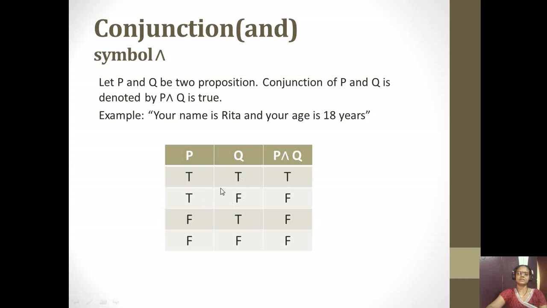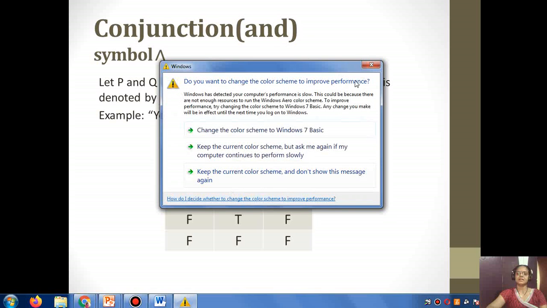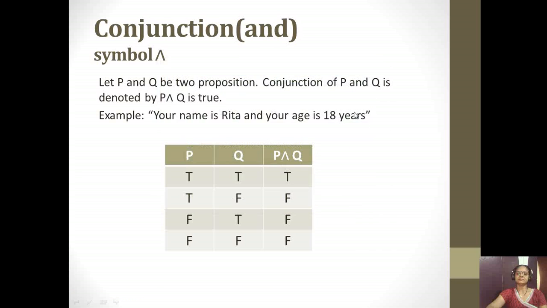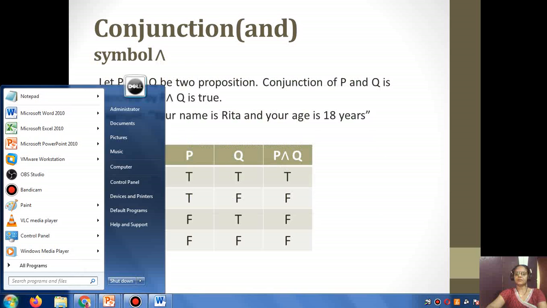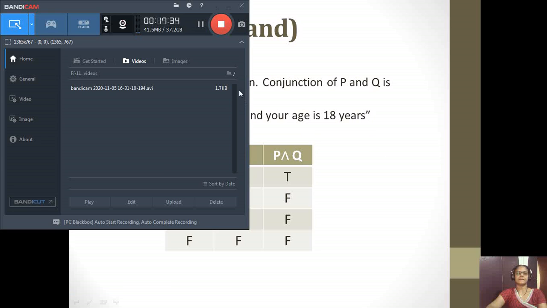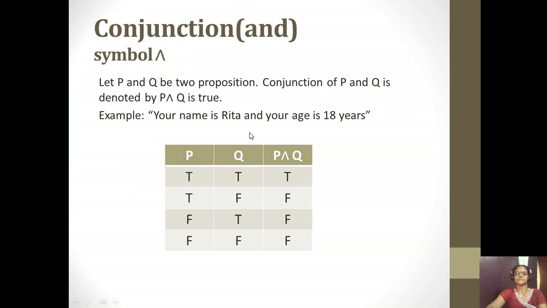If either of the statement is false, दोनों में से कोई भी एक statement false होगी तो result false होगा. तो इनमें से देखो ये Q false है, so you will get Q as false. You will get this P and Q, that is conjunction, as false. False true will give you false, false false will give you false.